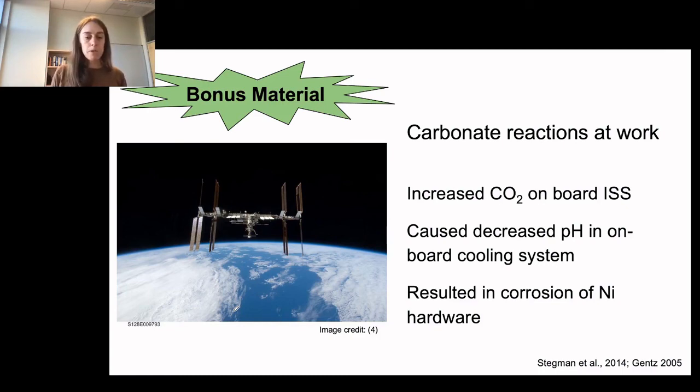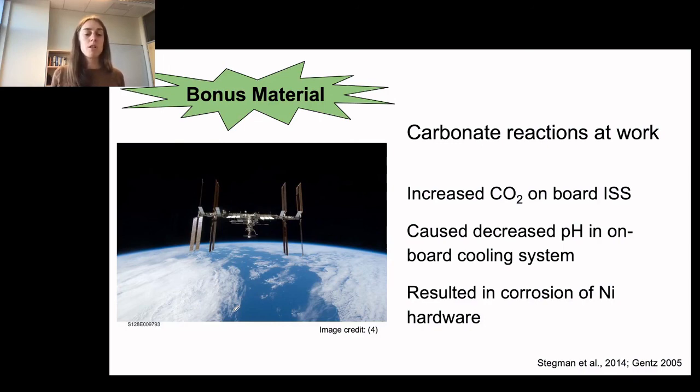So the tubing for the cooling system was Teflon tubing, which means you can have atmospheric exchange between the air in the International Space Station and the fluid that was in that cooling system. So that increased concentration of CO2 was causing CO2 to dissolve across that Teflon tubing barrier into the fluid in the onboard cooling system.